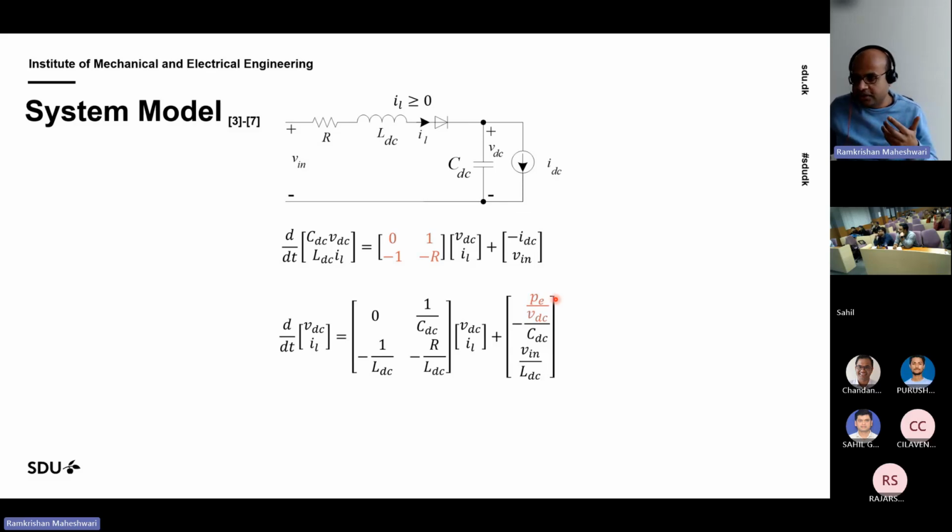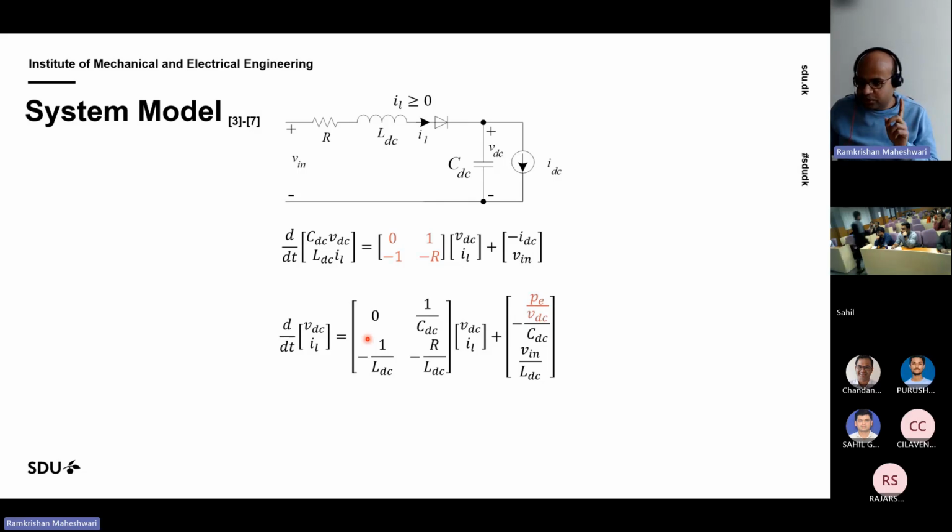We will linearize the system around an operating point and then find the state space equation for the linearized system, and then we find the eigenvalues of this. So these are the steps we follow for stability analysis of an operating point of a non-linear system.